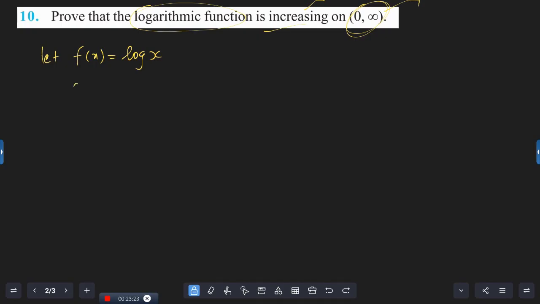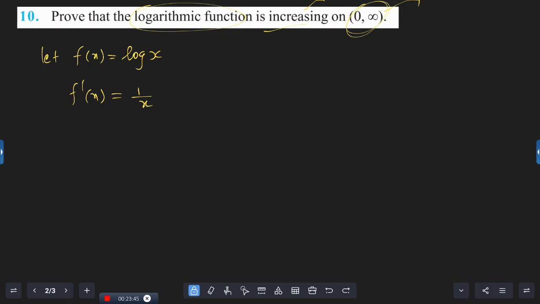Understand? Right. So when I differentiate, the derivative of log x is 1 divided by x. We have to show that this 1 divided by x is increasing on 0 to infinity. 0 to infinity means only positive values. If you give any positive number for x, what will happen? 0 is not included, you cannot give 0 here because an open interval is given.